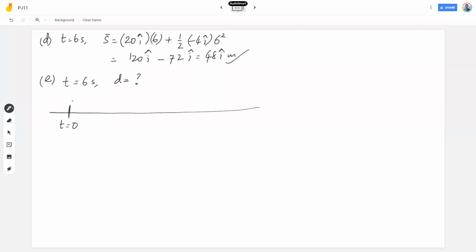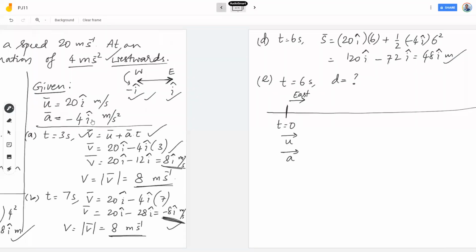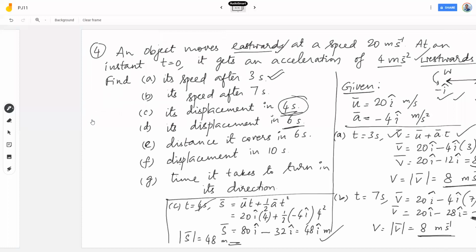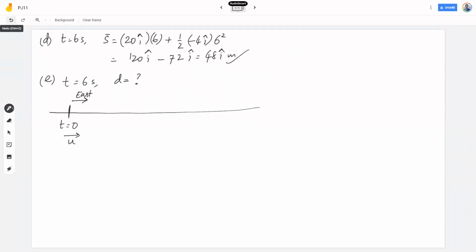At this point, the particle is moving eastwards, this way. The particle already has a velocity u in this direction. It also now has an acceleration a in the opposite direction, like this, is it not?